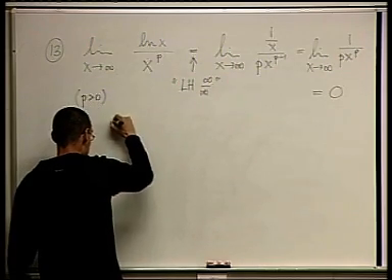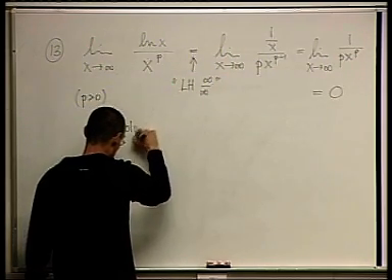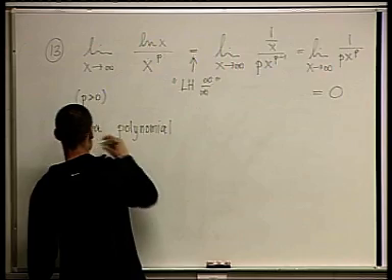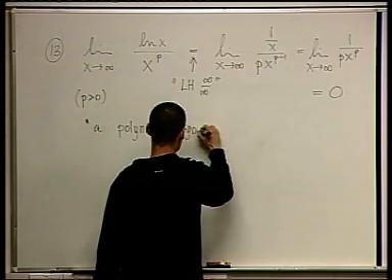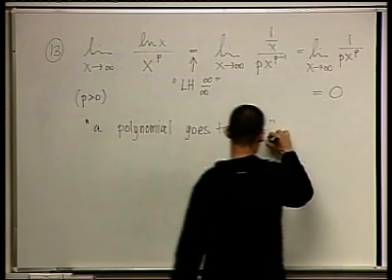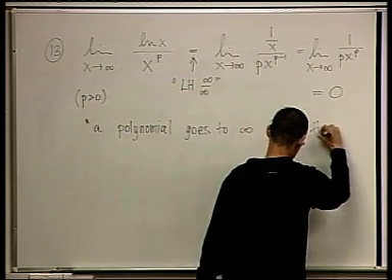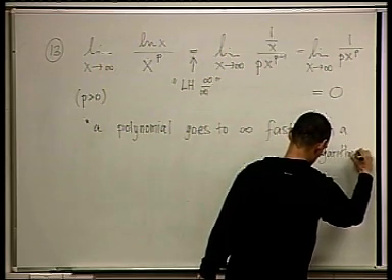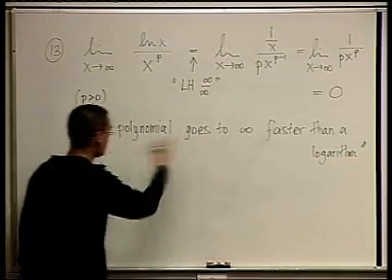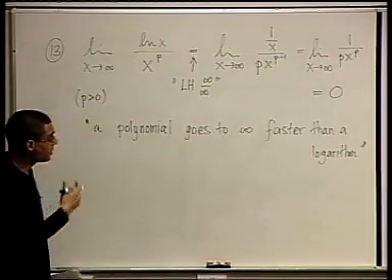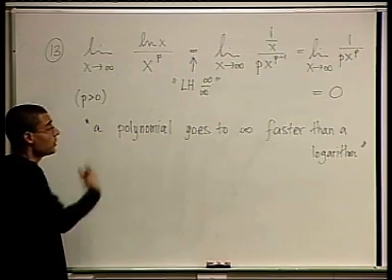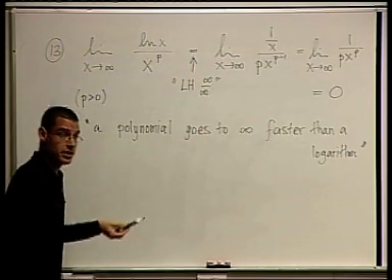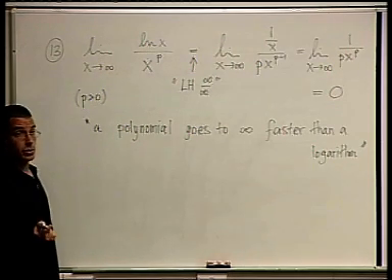Okay, so a polynomial goes to infinity faster than a logarithm. That's the statement that's hidden in this. And this is a very useful fact whenever you go to applications, in particular in studying all kinds of algorithms and how fast they converge and how useful they are and so on and so forth.